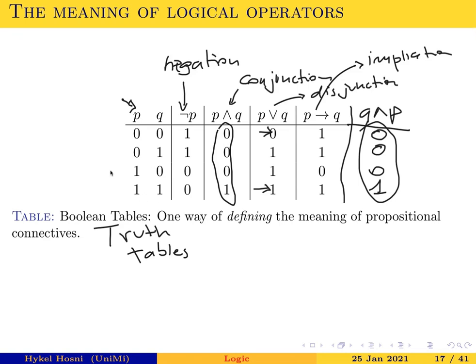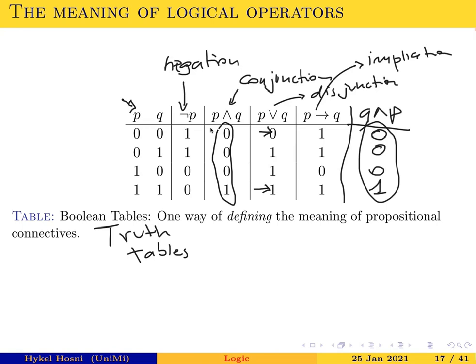This is quite different from what people usually mean by disjunction in natural language, because usually you say, do you want to go skiing or do you want to go swimming? And it's very odd that you understand that you have both options at the same time. But I suggest this is not the best way of looking at this.